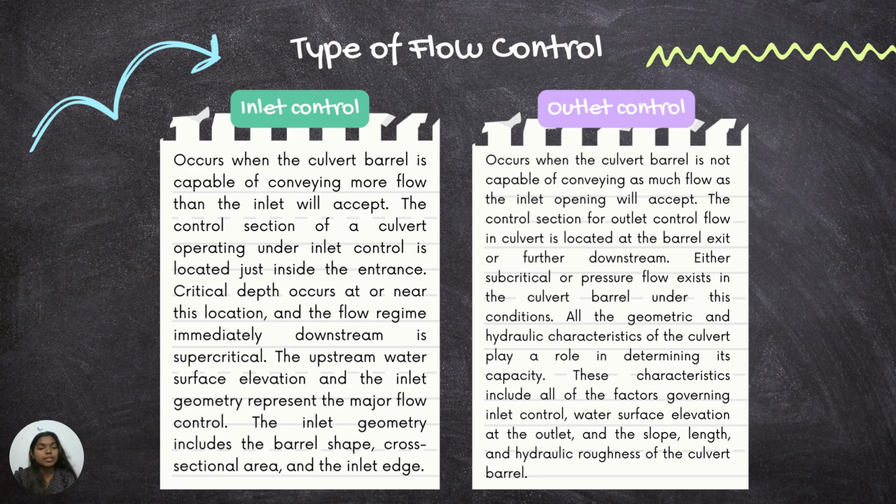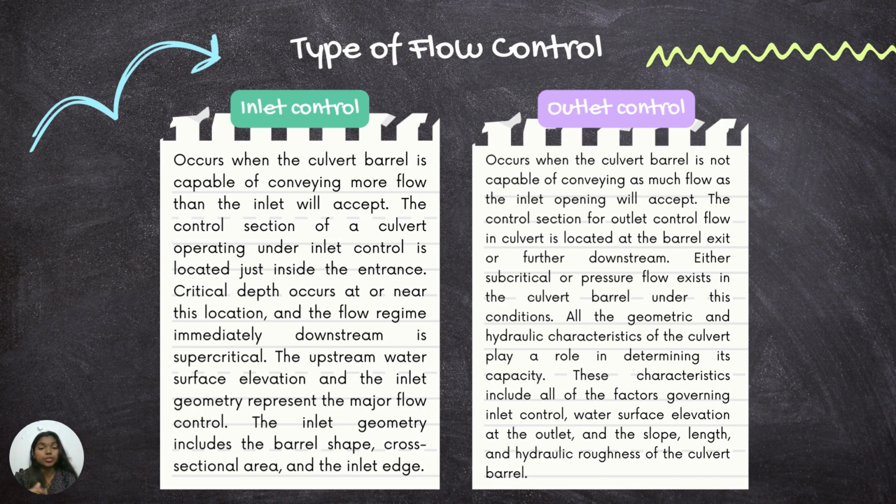Critical depth occurs at or near the location, and the flow regime immediately downstream is supercritical. The upstream water surface elevation and the inlet geometry represent the major flow control. The inlet geometry includes the barrel shape, cross-section area, and inlet edge.